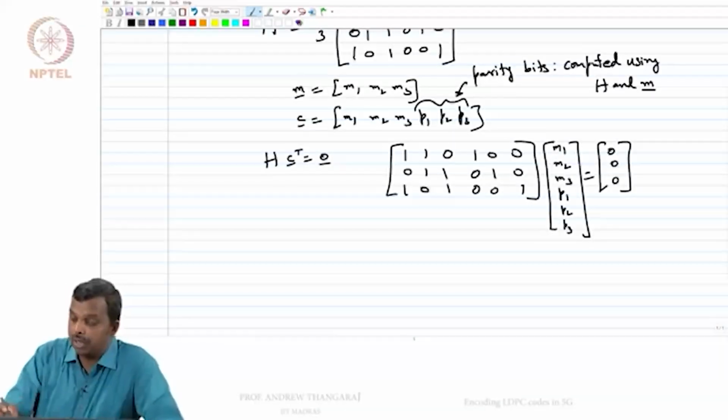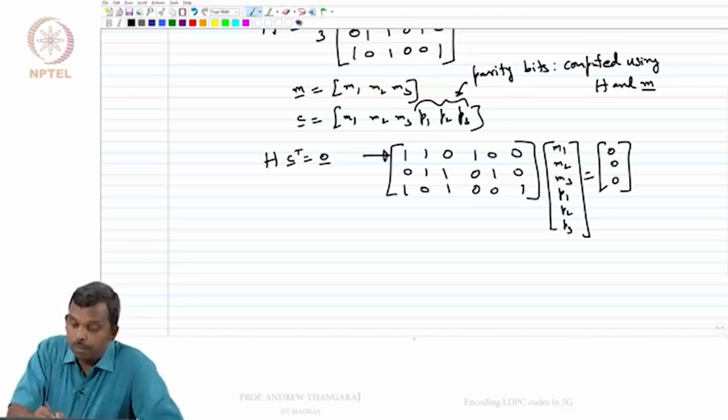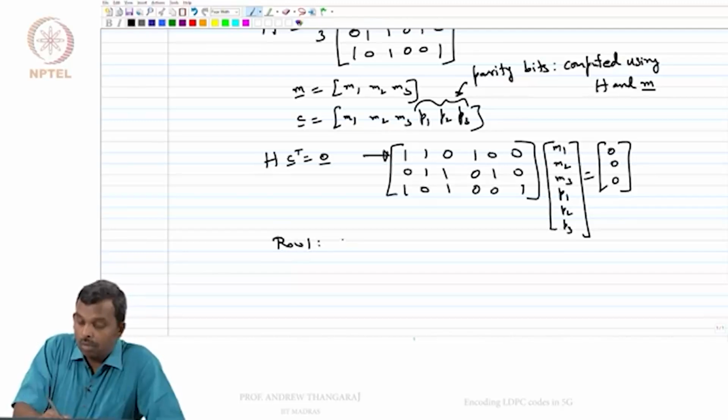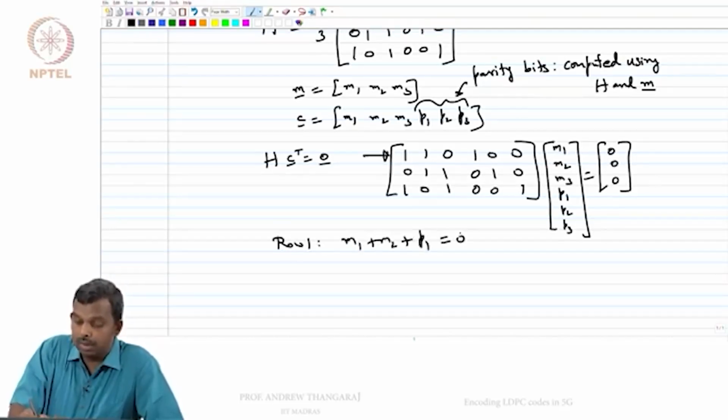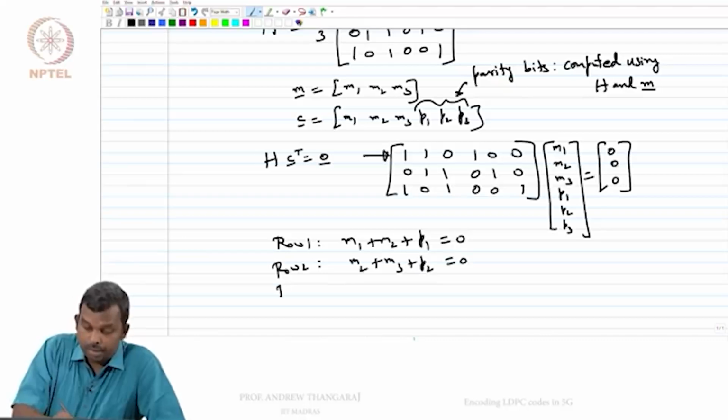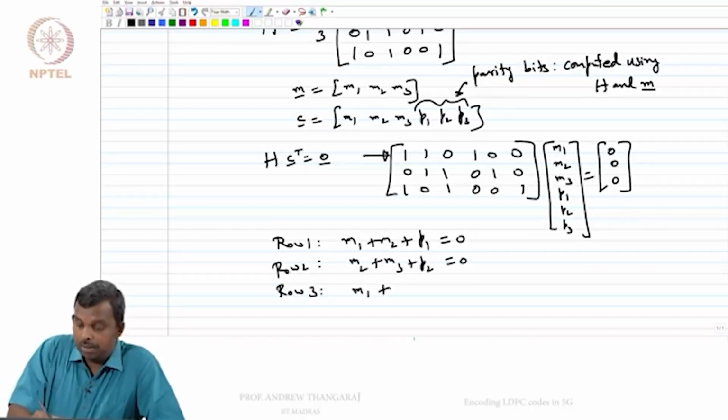What is the first equation? You multiply the first row with this vector. So the first row gives you M1 plus M2 plus P1 equals 0. The second row gives you M2 plus M3 plus P2 equals 0, and the third row gives you M1 plus M3 plus P3 equals 0.